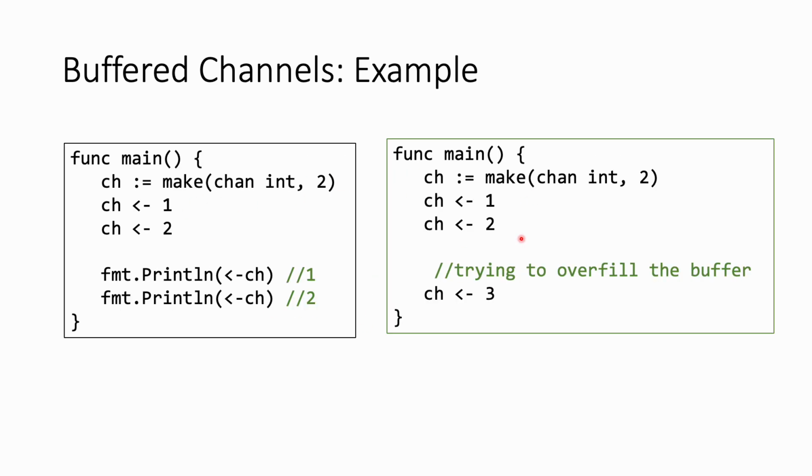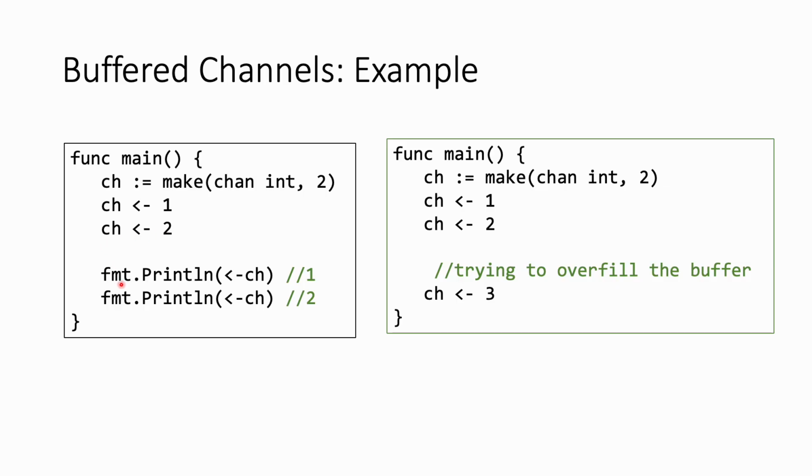Here is an example demonstrating how buffered channels work. In the main function on the left, we create a channel ch of integers with capacity 2. So ch is a buffered channel. Then we make two sends to channel ch. The first one sends number 1 to ch, and the second one sends number 2 to channel ch.